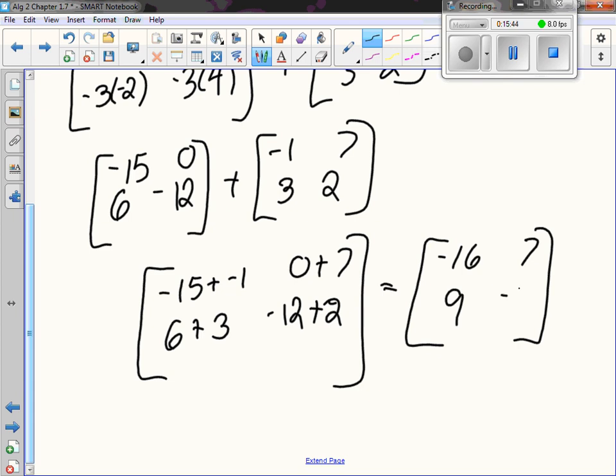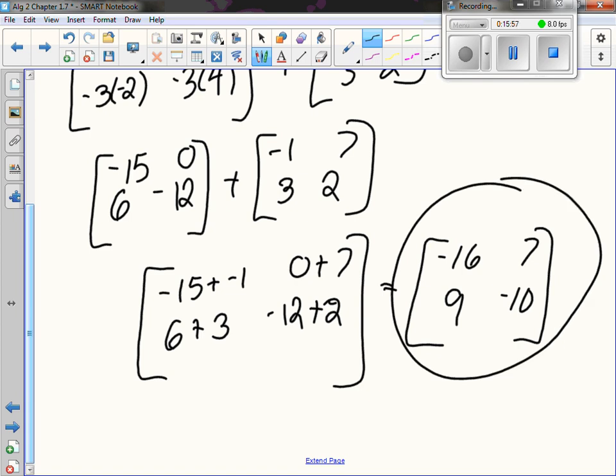Negative 12 plus 2 is negative 10. Yep, that's it. That is the final answer. So if there are scalars, whenever we're adding and subtracting, we do the scalars first, and then we add or subtract.